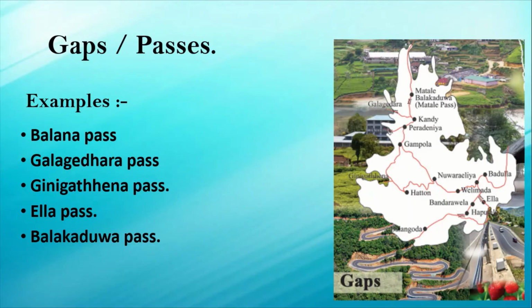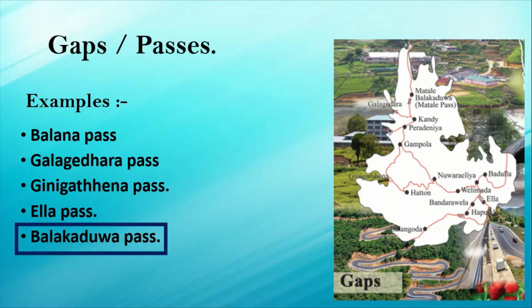Roads and railways have been built through passes. Balana Pass, Galagedara Pass, Ginigathena Pass, Ella Pass, and Balana Pass are examples of the passes in Sri Lanka.